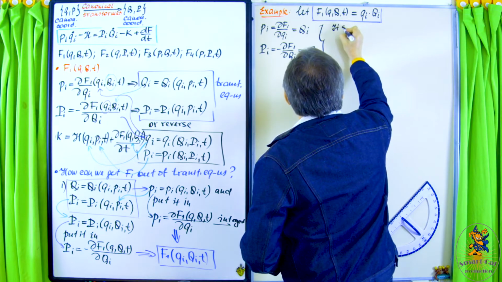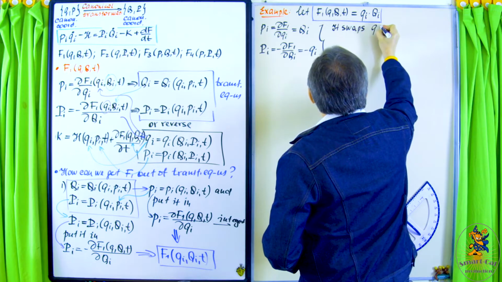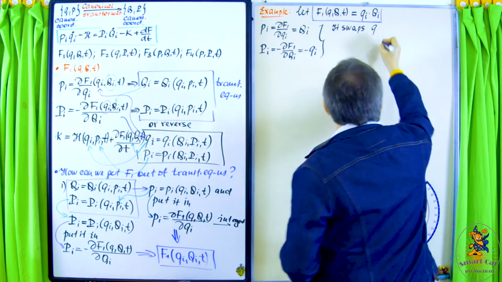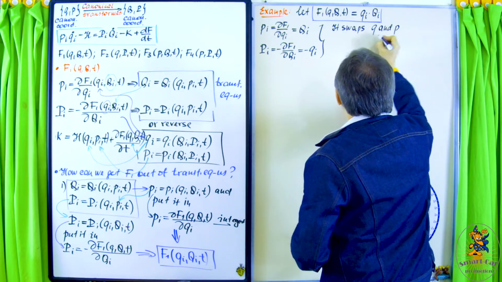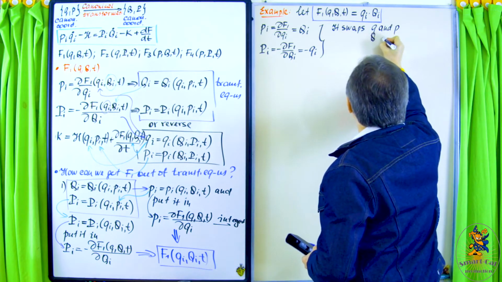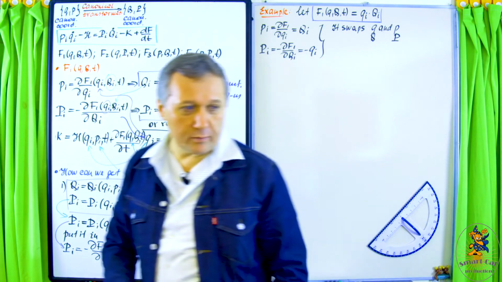So basically, it swaps Q and P around. Of course, Q small, and I can also write Q capital, P capital, right? It swaps them around.